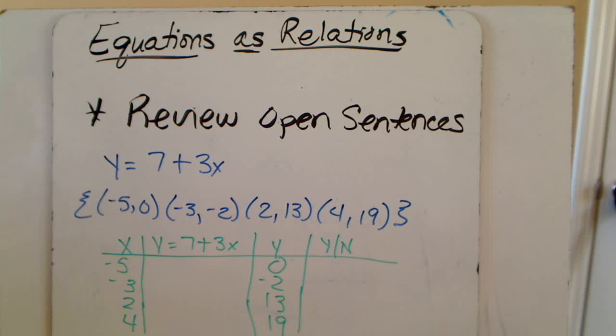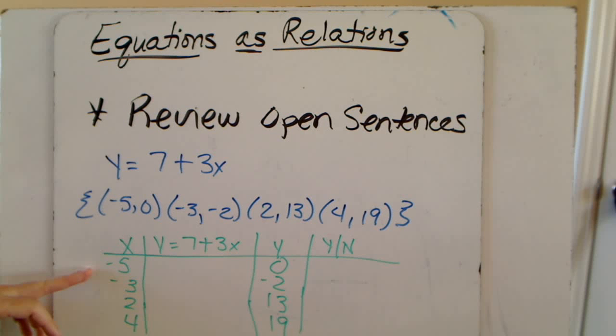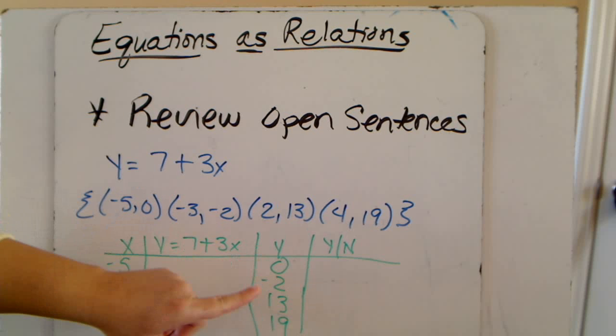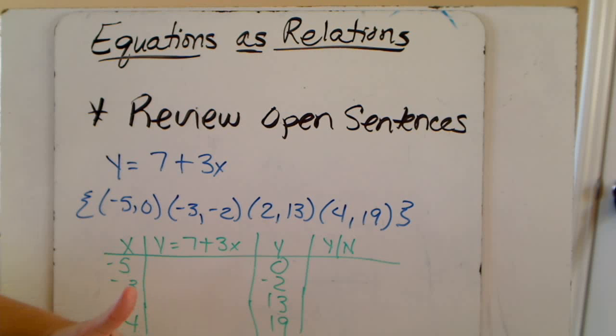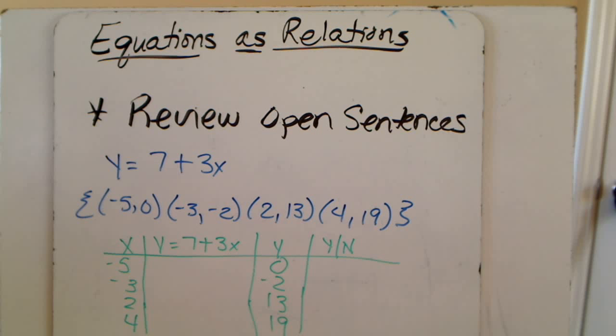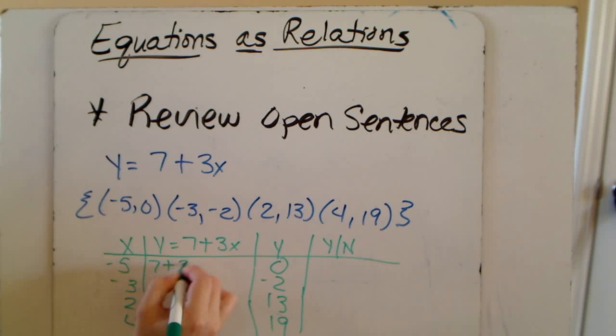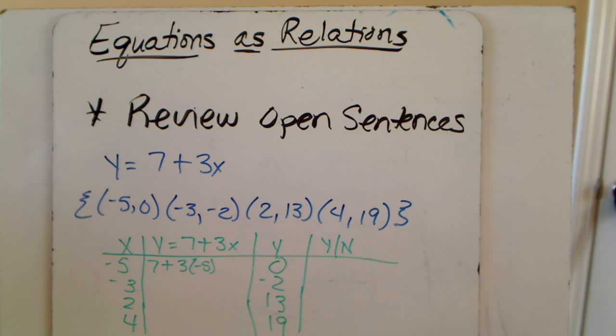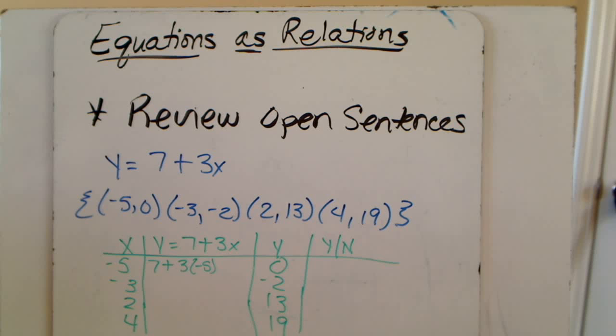So what we're trying to do is plug these X values into this equation and see if I get this answer. If I do, then it's a yes. If I don't, then it's a no. So you plug in the first one, 7 plus 3 times -5, and determine whether or not it equals 0.